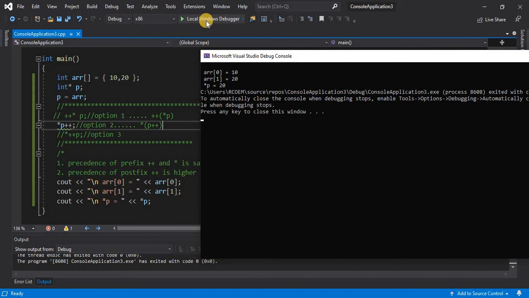P is a pointer which is pointing to your first memory location, that is ARR of 0. So what it has done, it has first incremented the pointer with p++. Now the pointer is pointing to the next memory location, that is ARR 1. That's why *p is equal to 20.